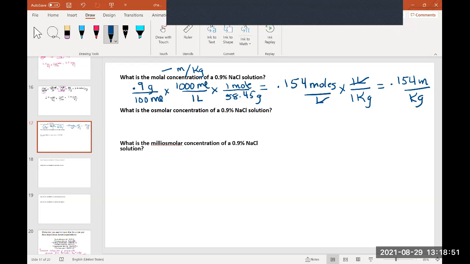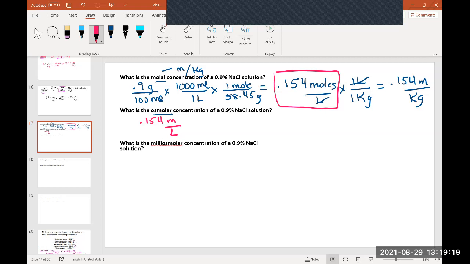Continuing on with this problem, what's the osmolar concentration? Now, notice this went from molal to osmolar. Well, from our original problem up here, our molar solution was 0.154 moles per liter. That's molar, right?